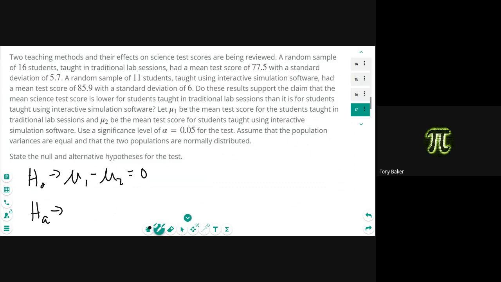So we have to look at what it says. Science should be reviews, and traditional versus interactive sim had a standard that the test score is lower for students taught in the traditional lab. So, right, mu1 minus mu2 is less than 0.